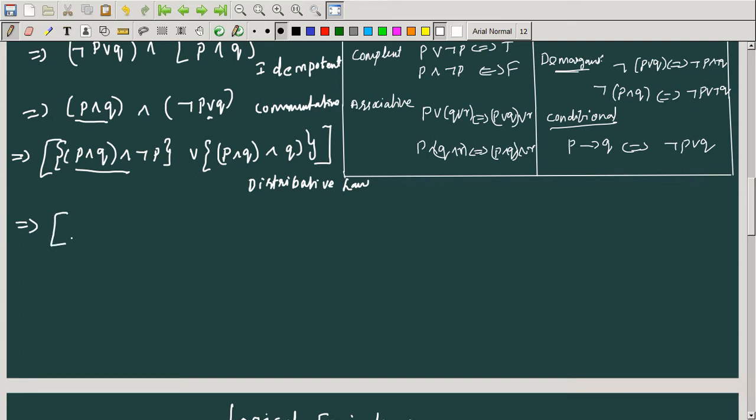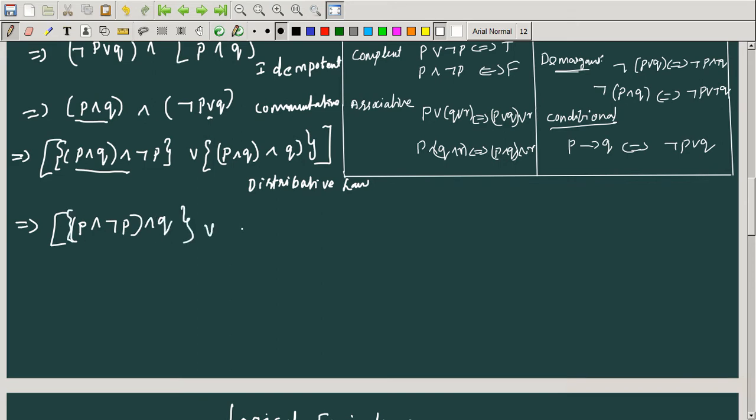Commutative means, as we know, A plus B means we can write B plus A. Before that I have applied associative, then commutative. Associative means I'm applying to P and Q and negation P; I can write negation P and like this. So this is P and negation P, commutative as well as associative, and Q. This thing over here only I'm doing.